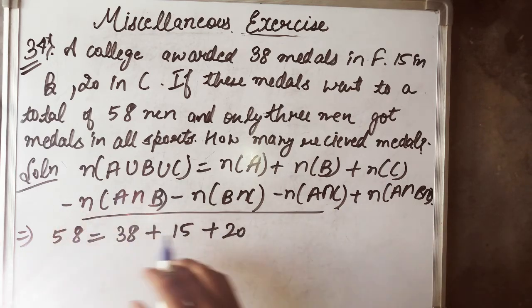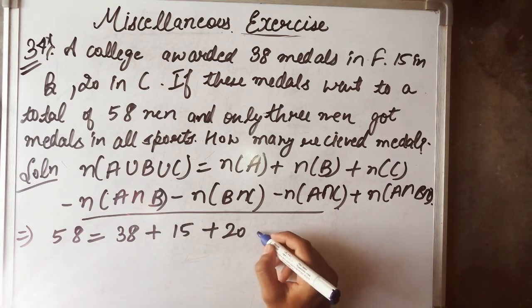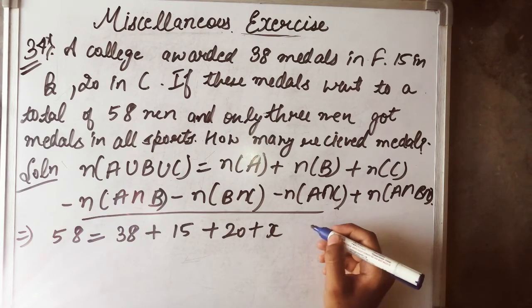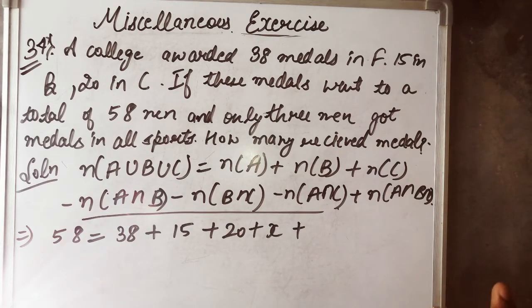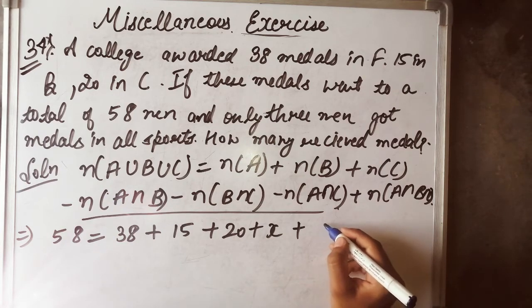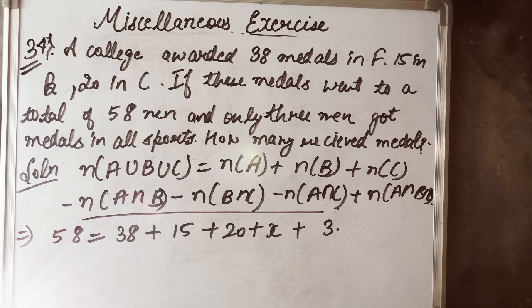Okay, I'm assuming this equals x, plus n of A intersection B intersection C equals 3, because only 3 men got medals in all these sports.